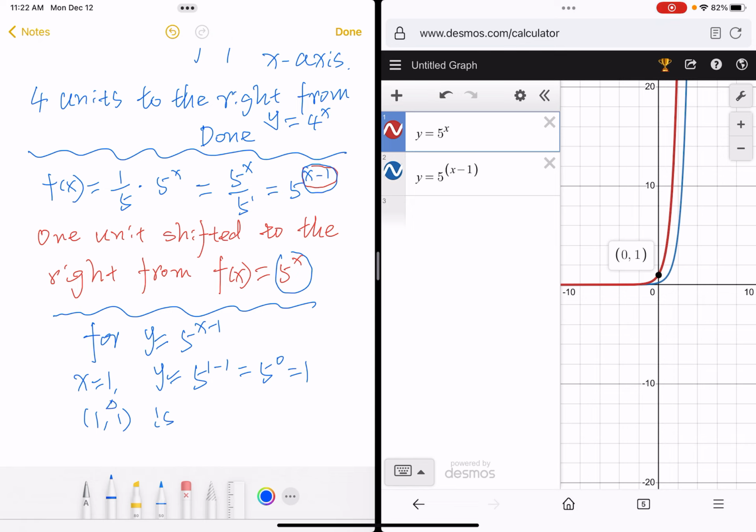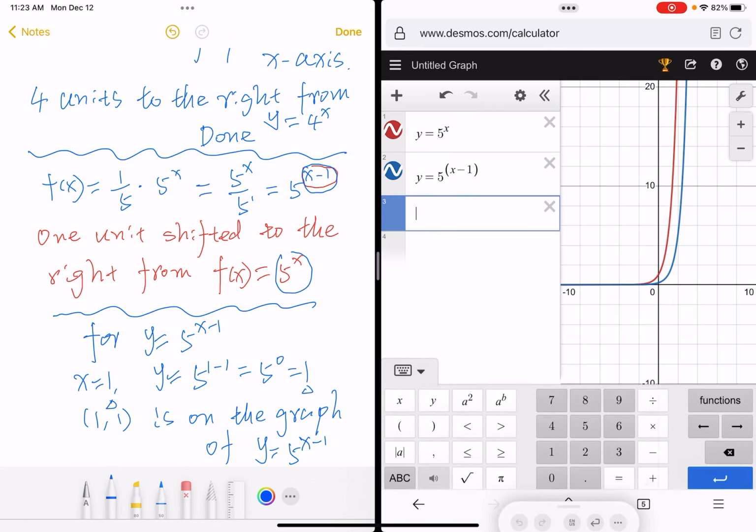This one is on the graph of the function y equals 5 to the x minus 1.